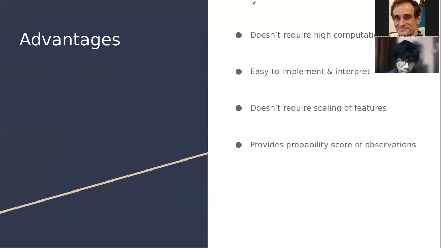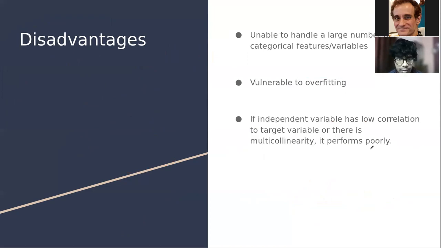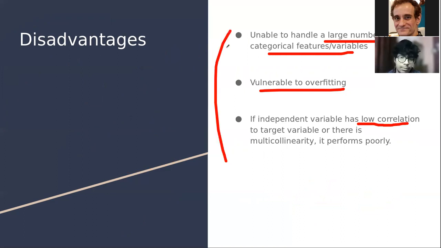Advantages of logistic regression: it does not require high computational power, it is easy to implement and interpret, does not require scaling of features, and provides a probability score of observations. Disadvantages: if there are a large number of categorical features, it is very difficult, it is vulnerable to overfitting, and if the independent variable has low correlation. So how to remember these? The majority of things you should remember are the disadvantages, because these are the cases you should have in mind.